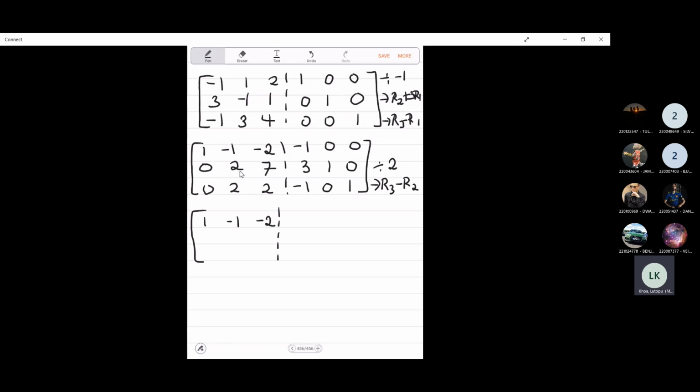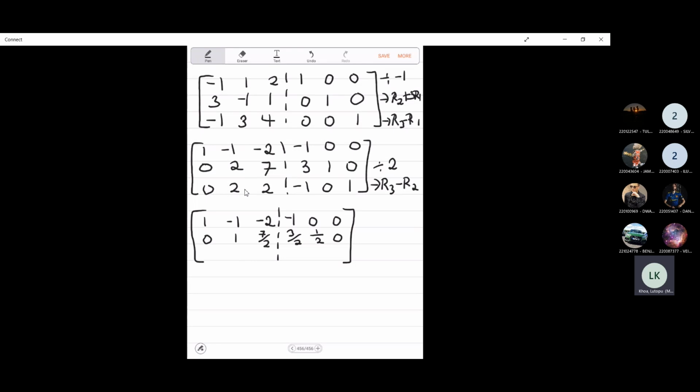I have minus 1, 0, 0. And then the second row, we divide it by 2. So it's 0, 1, 7 over 2, 3 over 2, a half, and 0.